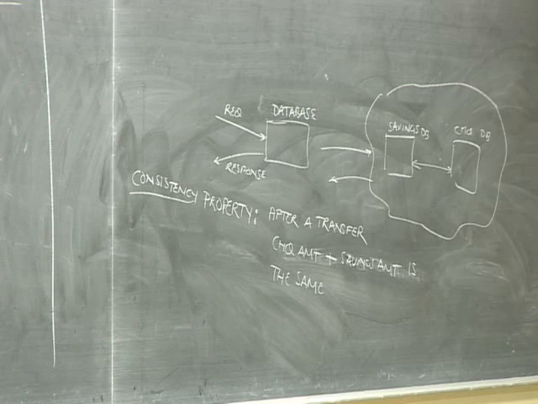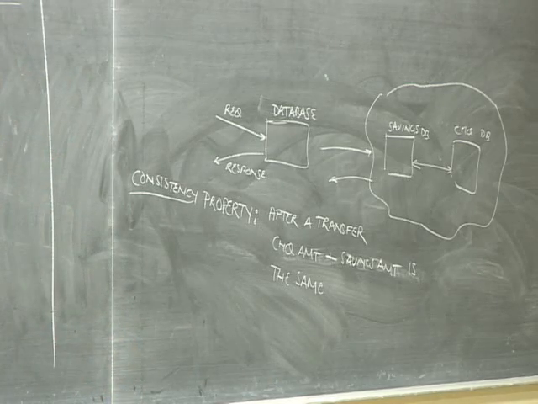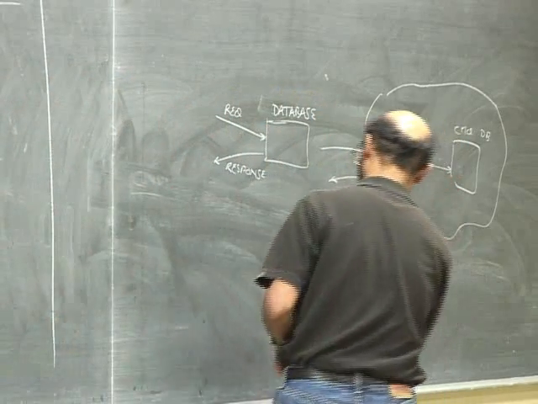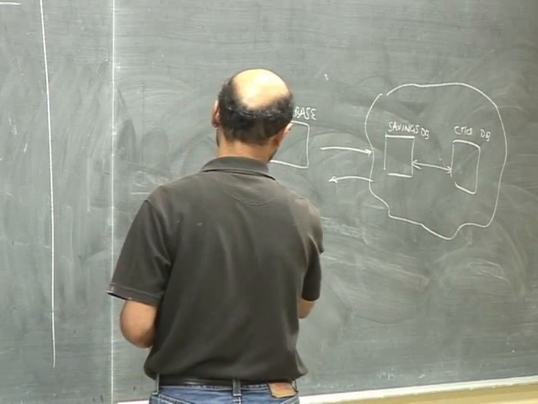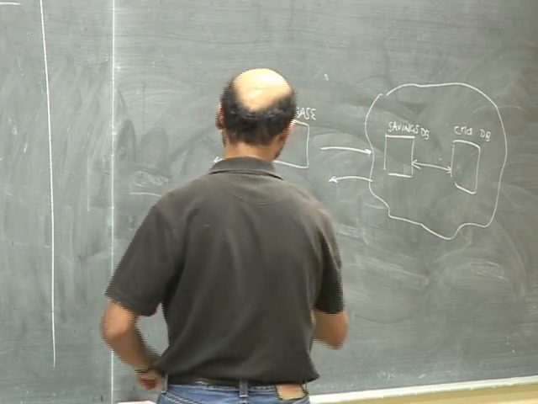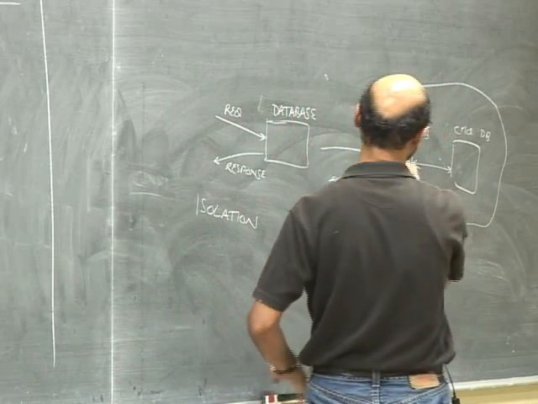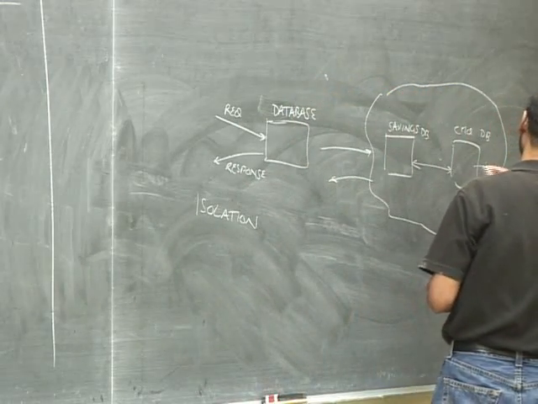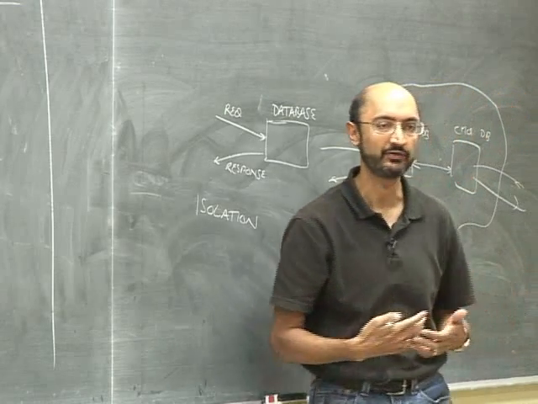The third property is what's called isolation. And isolation basically means, going back to this database, that things don't collide with each other. So isolation means that if I'm doing some transaction here on my savings and checking, and somebody else is doing some other transaction on their account, these two things shouldn't interfere with each other.